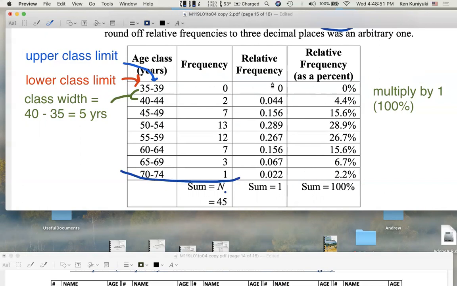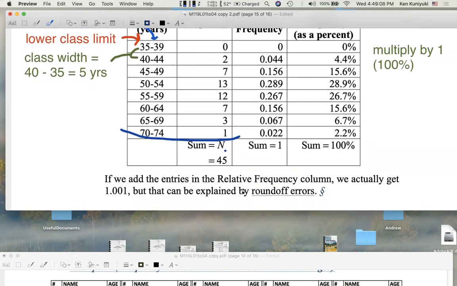As a check, you can make sure that the relative frequencies here add up to 1. If you work this out to 3 decimal places, these add up to 1.001. But should that freak you out? Well, no. These add up to 1.001, but that can be explained by round-off errors.